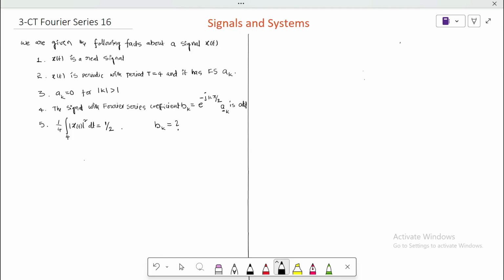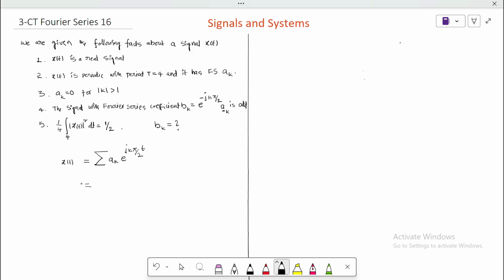For that, we use the Fourier series representation. So x of t is the Fourier series representation equal to a_k into e power jk omega naught t, where omega naught equal to 2 pi by 4, that equals pi by 2. So the angular frequency equals pi by 2, is it? So e power jk pi by 2 into t.